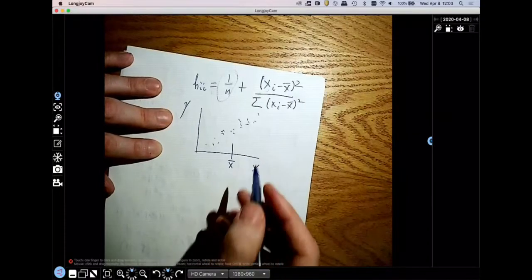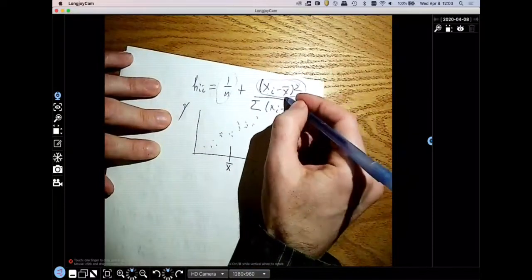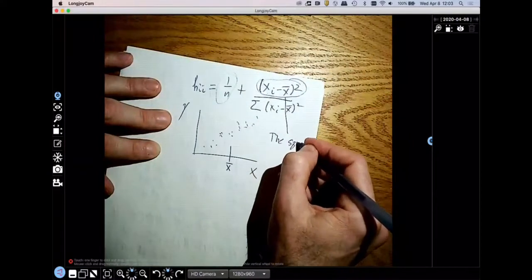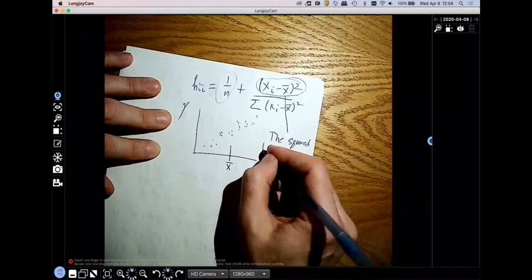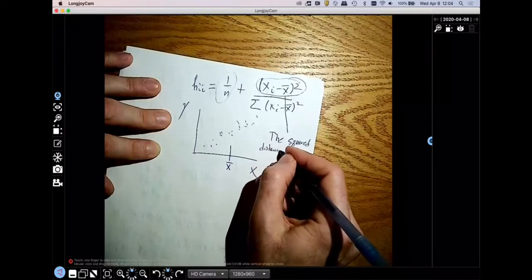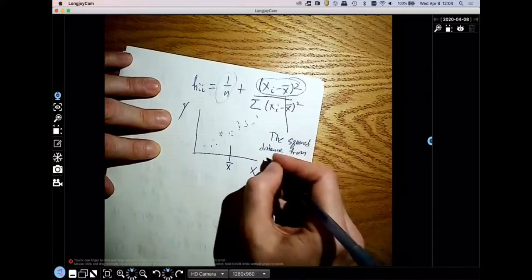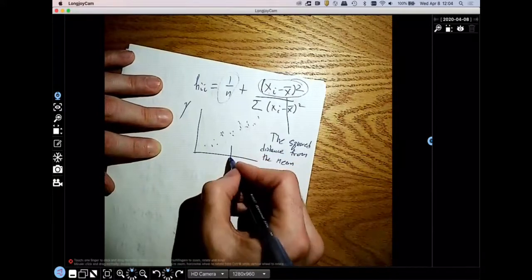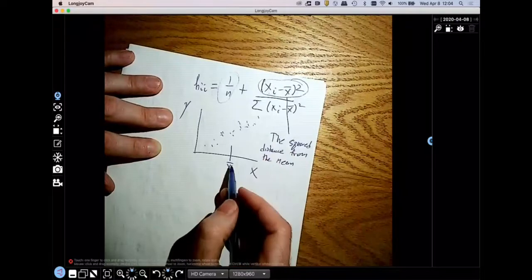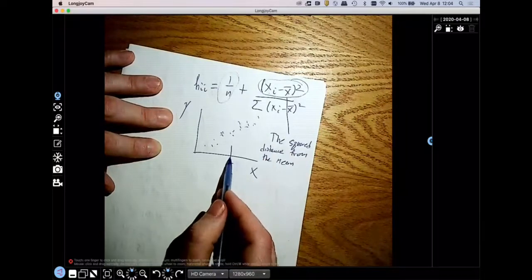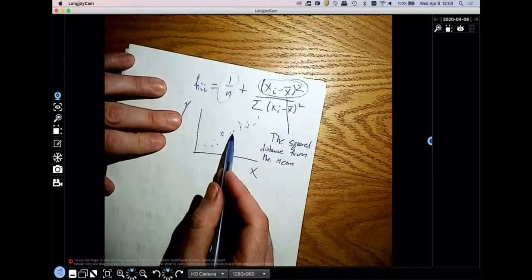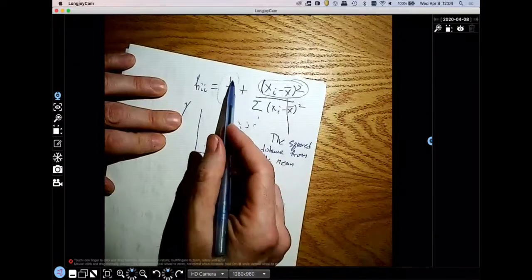Well, this is simply the squared distance from the mean. So if I had an X that was exactly the mean, then xi minus the mean would be 0, and that observation would have comparatively small leverage. If it were exactly 0, the leverage would just be 1 over n.